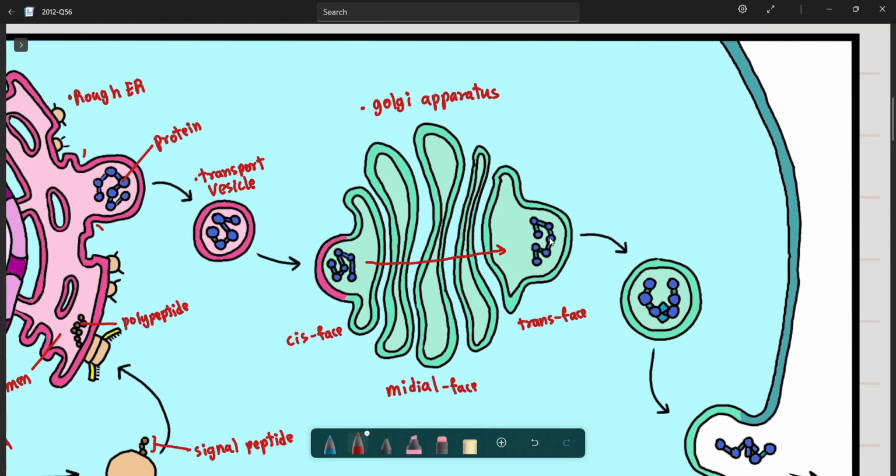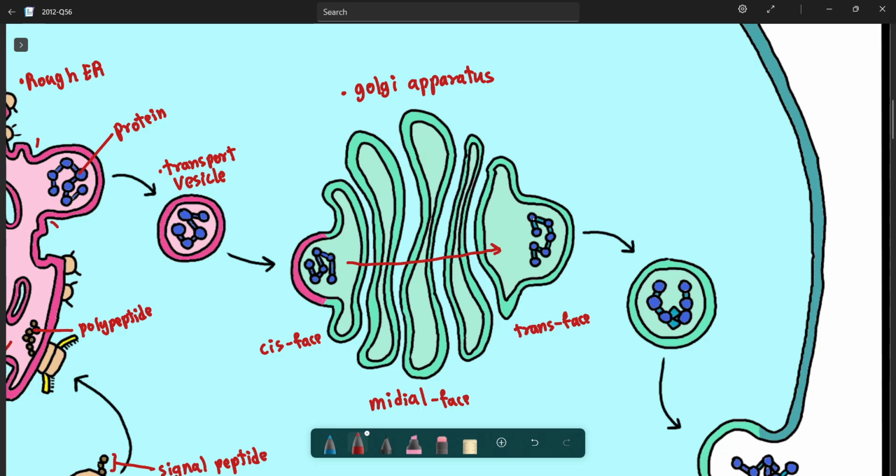Now the protein over here is fully modified. The Golgi apparatus can modify the protein by adding lipids, or it could add a sugar chain to it, as I've explained before. Because the question is about the glycoprotein. So this is a protein, and beside it there's a sugar chain.